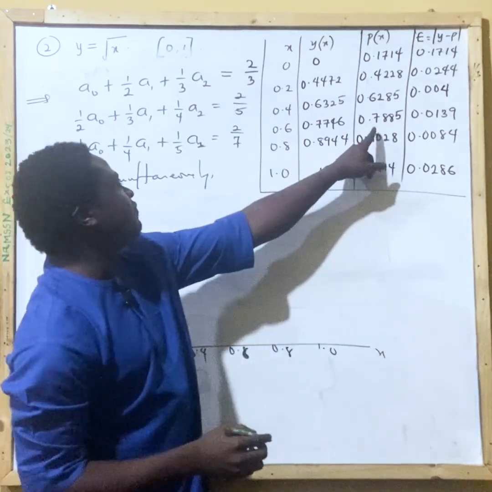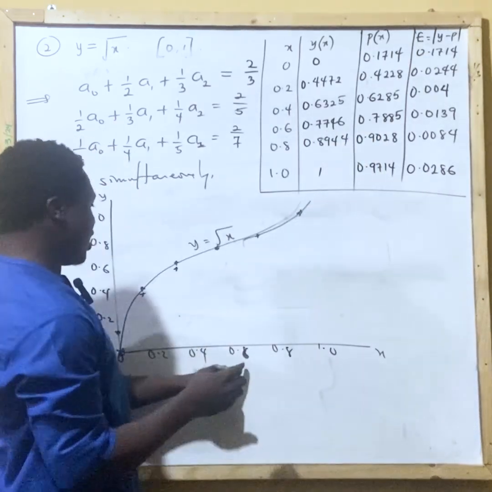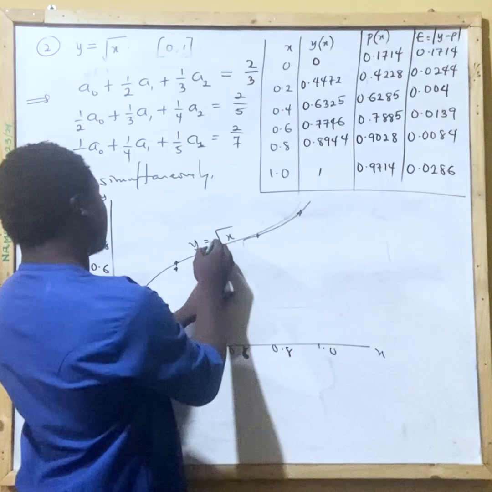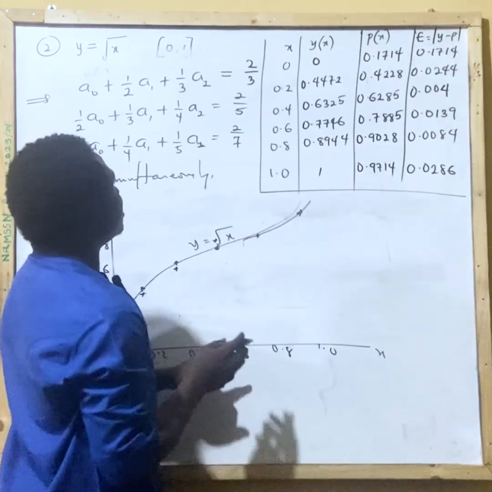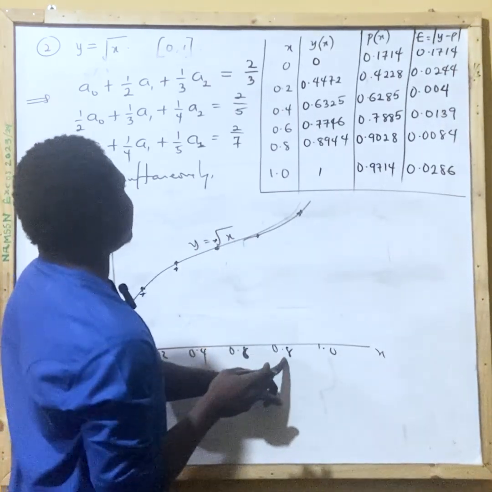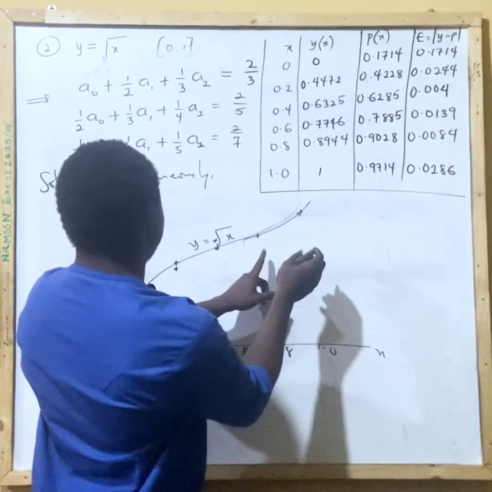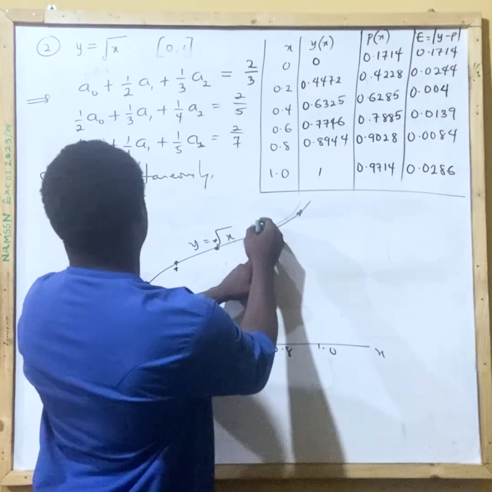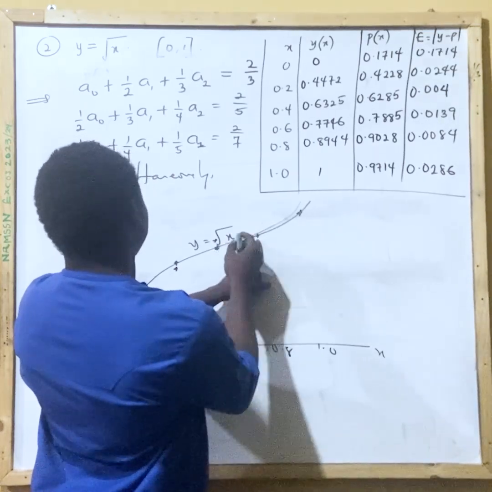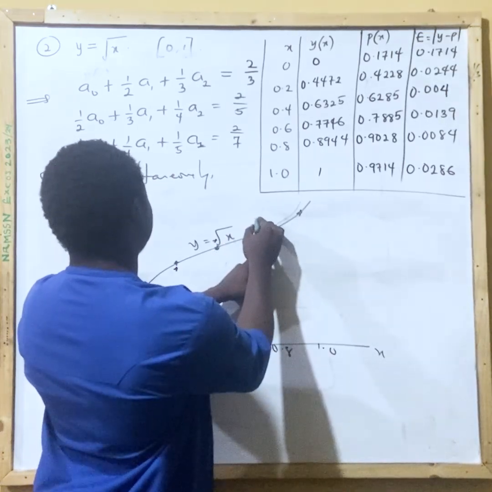At 0.6, it is 0.78. It is above my y. So that one should be somewhere around here. Then at 0.8, it is 0.9028. That one should be above. So let's say someplace here, 0.9.